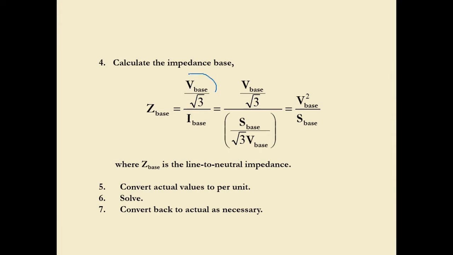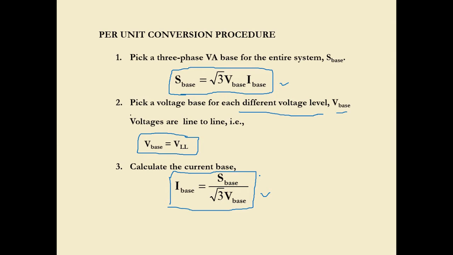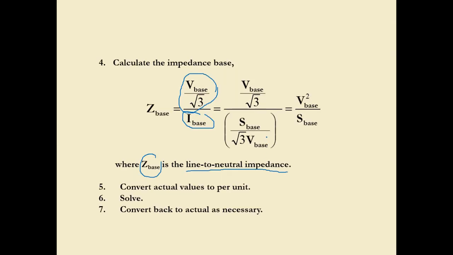The reason we have V base over square root 3 is because Z base is the line to neutral impedance, so it is a phase base impedance, divided by I base. Substituting the I base from the earlier equation, we finally get a much simpler formula, where Z base equals V base squared over S base.